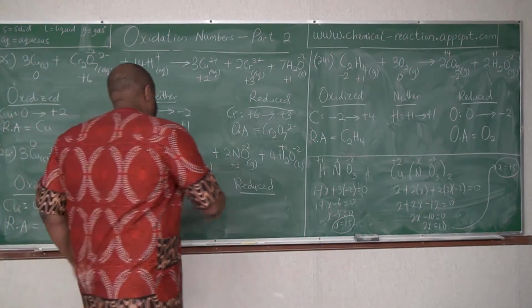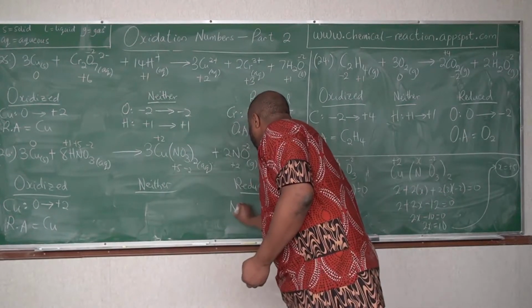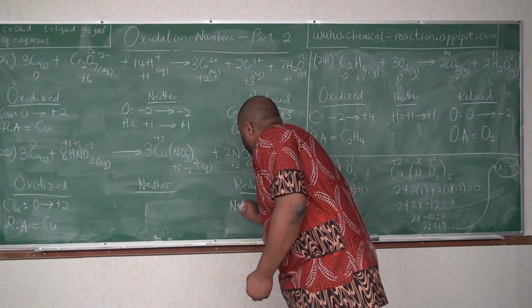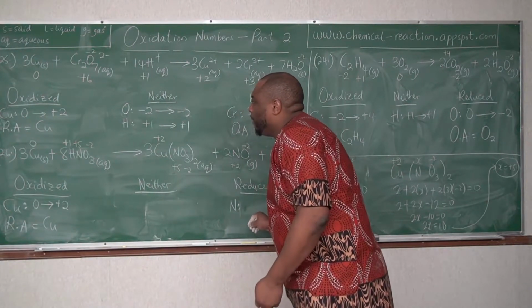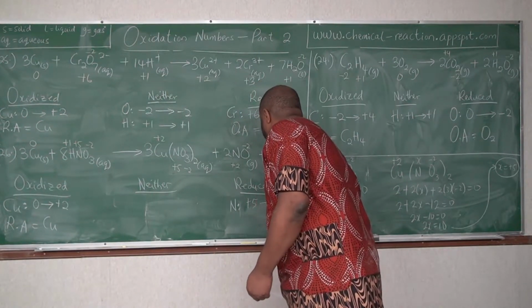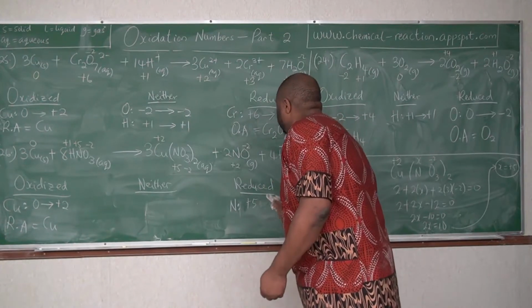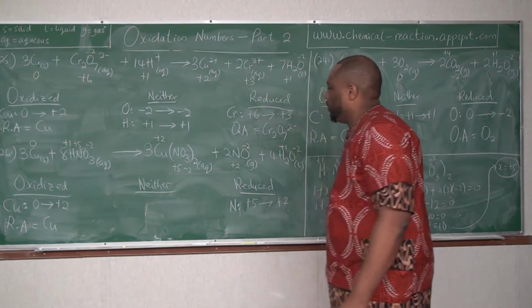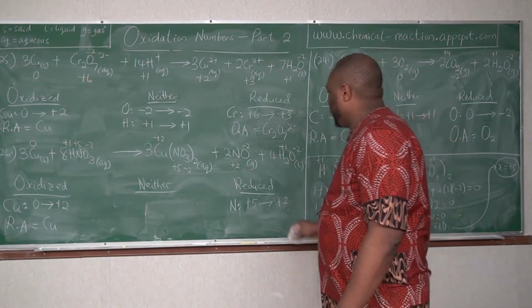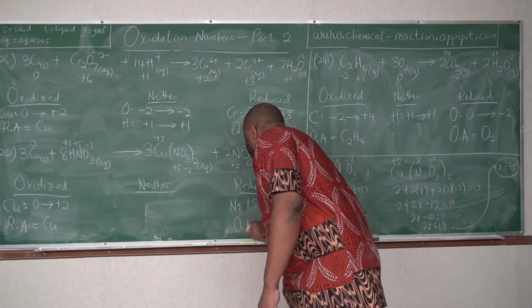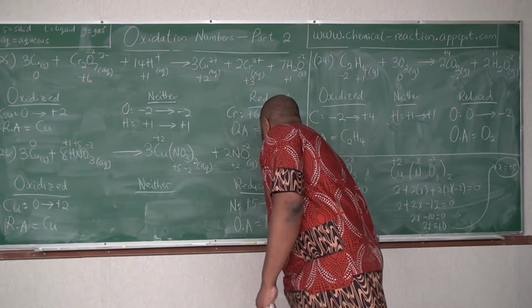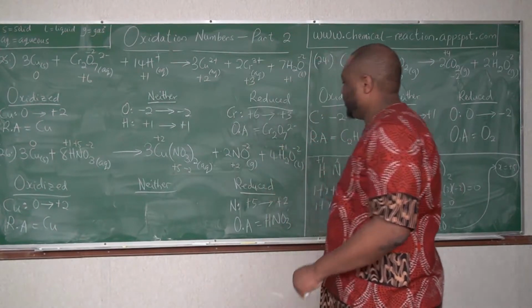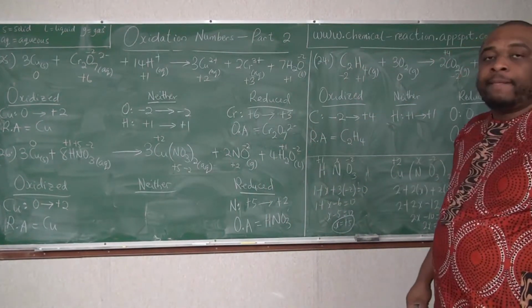So reduced is nitrogen from plus 5 to plus 2. Okay? And the oxidizing agent is the nitric acid. That's the oxidizing agent. Okay?